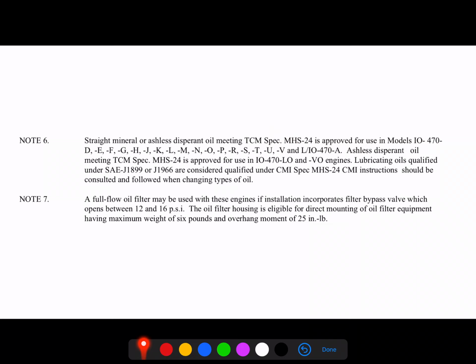You'll also notice that some of these other notes surrounding this will cover similar concepts. So here, note 7, a full flow oil filter may be used with these engines if installation incorporates a filter bypass valve which opens between 12 and 16 psi. So again, a lot of these engines were not originally designed to use spin-on oil filters or full flow oil filters, and so that may get altered in the form of a supplementary type certificate, so you can buy a part that comes with an STC, install it to be able to use a spin-on filter.